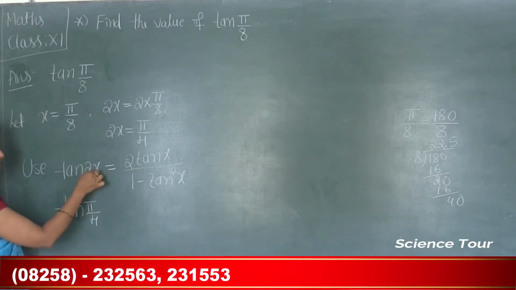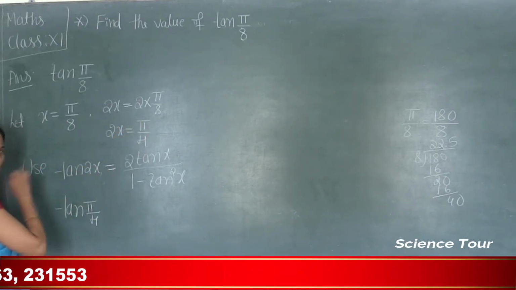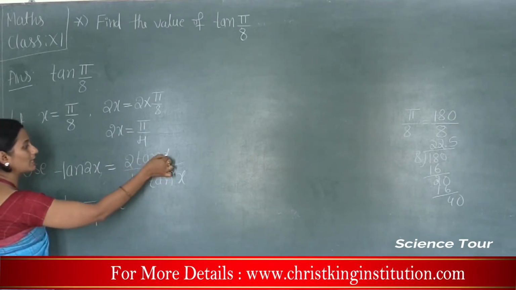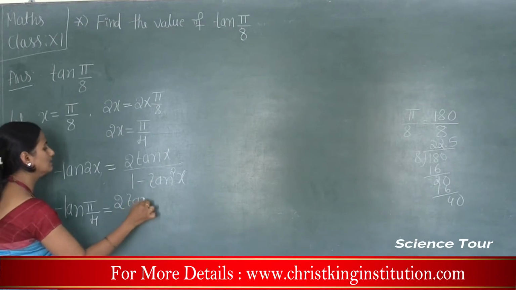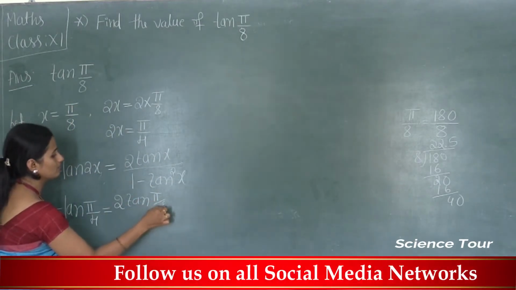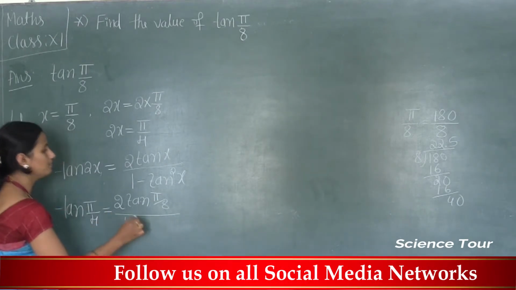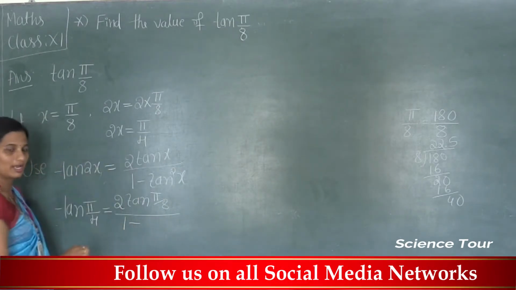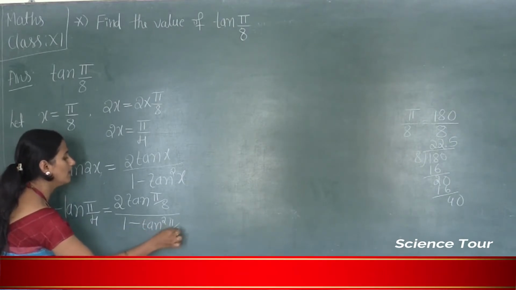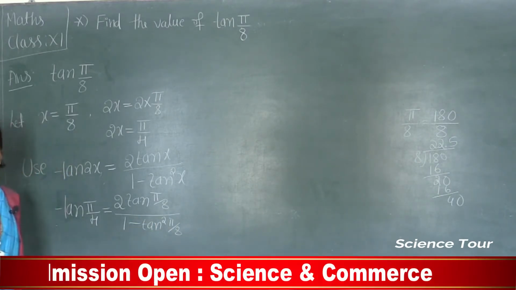Tan 2x, 2x is pi by 4, which is equal to 2 into tan x, tan x is pi by 8, divided by 1 minus tan square pi by 8.